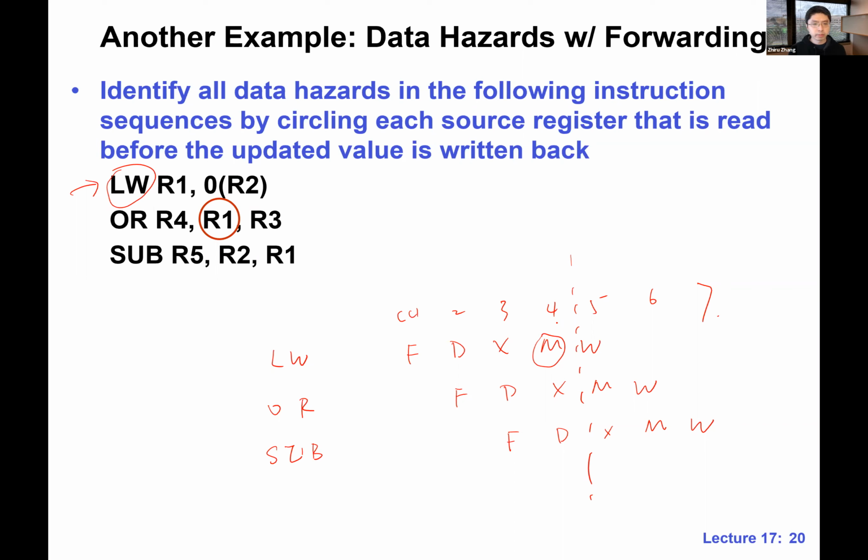Then we look at where we need to consume that value for OR. Also here, X. And this is to the left of the line, meaning that we actually have a problem with forwarding. We cannot forward. Even forwarding may not help.